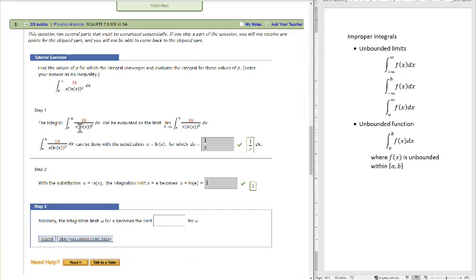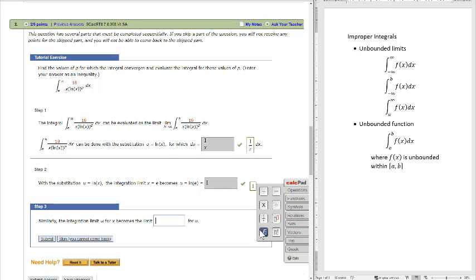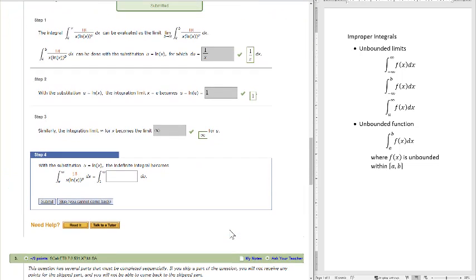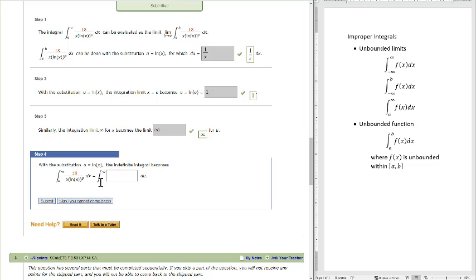And then we have ln of b, but if we let b go off to infinity, the ln function also goes off to infinity. So the limit is also going to go off to infinity. Now our integral becomes an integral from 1 to infinity.